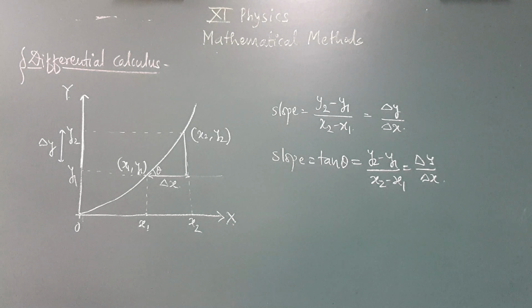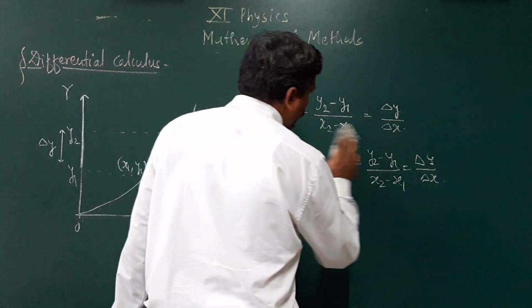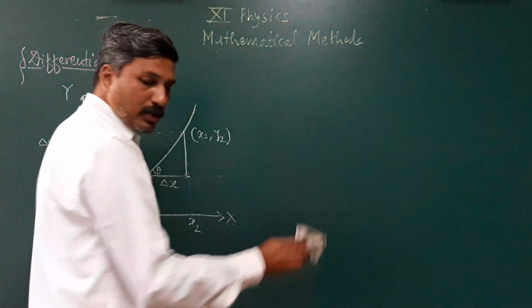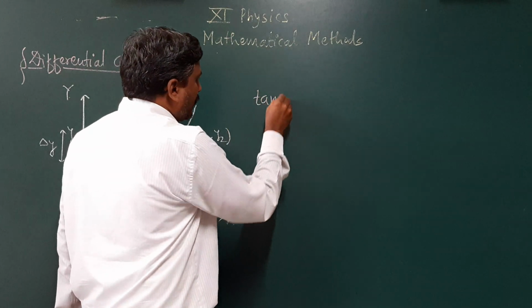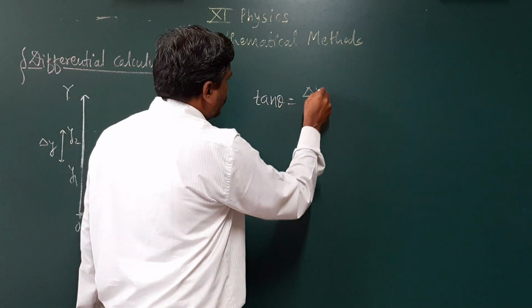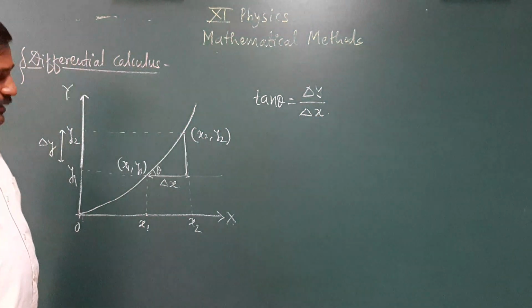Remember that the slope is nothing but tan of theta for this particular case. So I am writing tan theta equals y2 minus y1 upon x2 minus x1 equals delta y by delta x. Instead of that, I am writing tan of theta equals delta y divided by delta x.